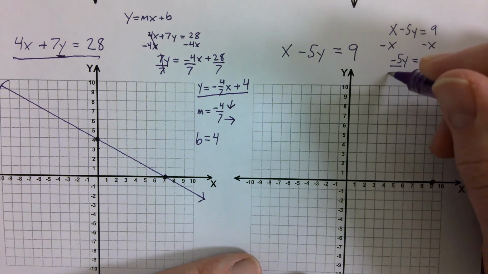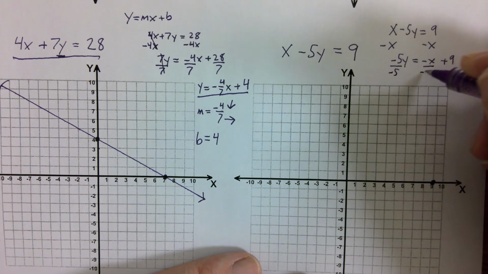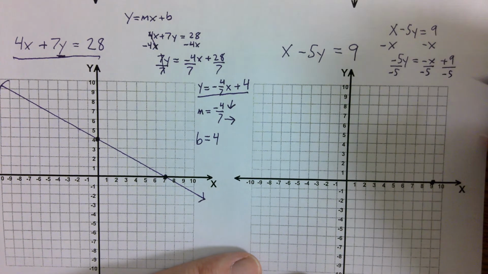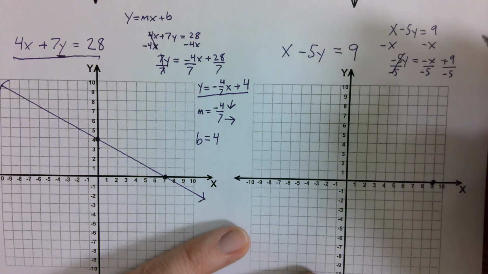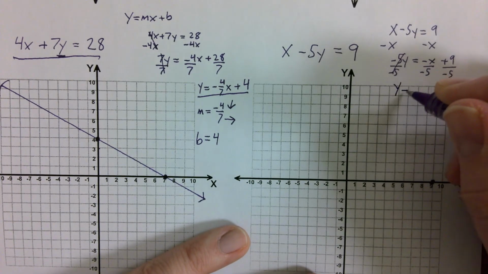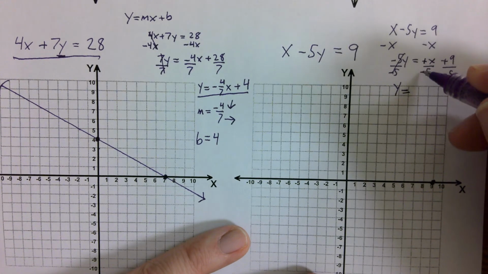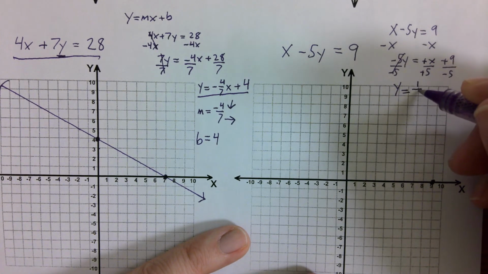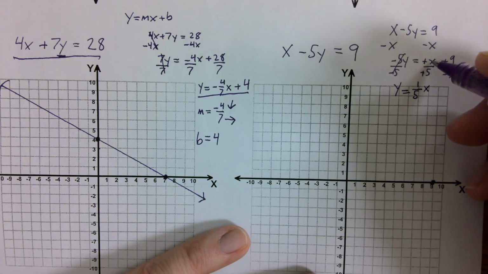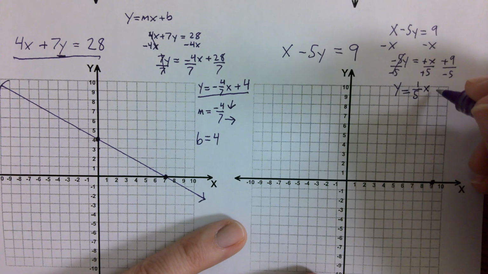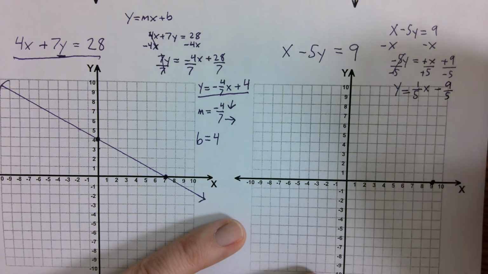And then we're going to divide everything by the negative 5, and that's dividing everything. We end up with y equals negative divided by a negative is positive, so those will be positive, and it'll be 1/5 x, because there's one x on top, minus 9/5.